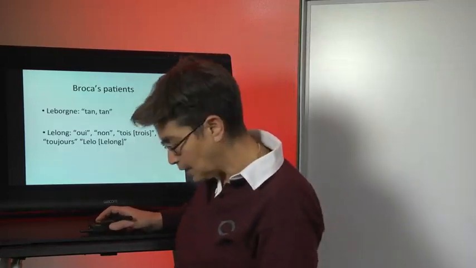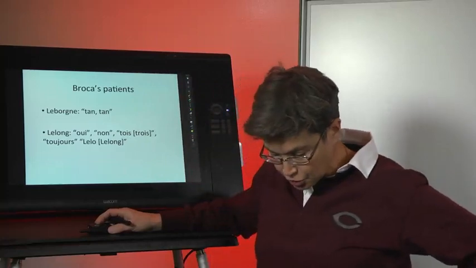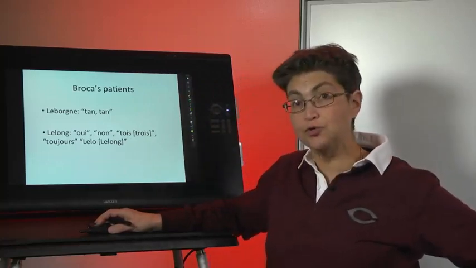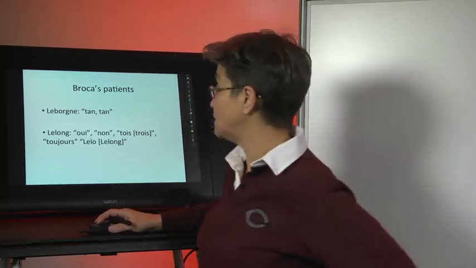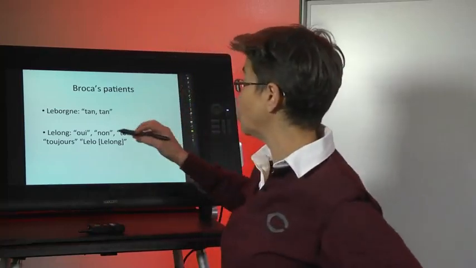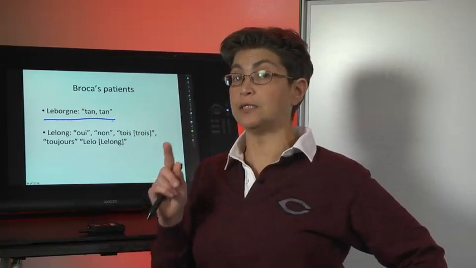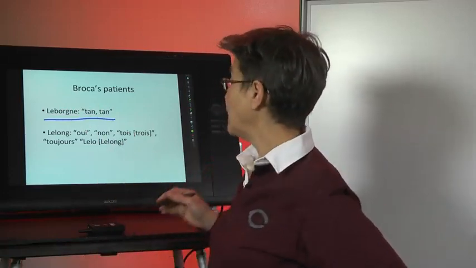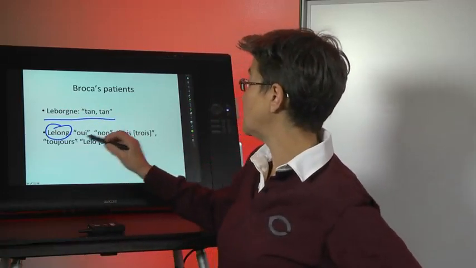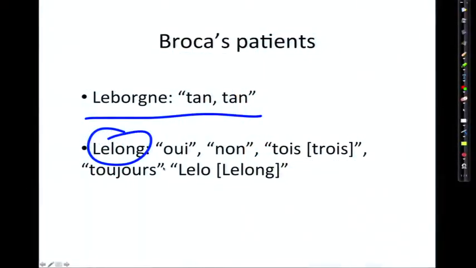The two patients that Broca used for this finding were Le Borgne, who could only say "tan, tan, tan, tan, tan," and Lalonde, who could say these words: "oui, no, toi, toujours," and "Lelo," which was a version of his own name.